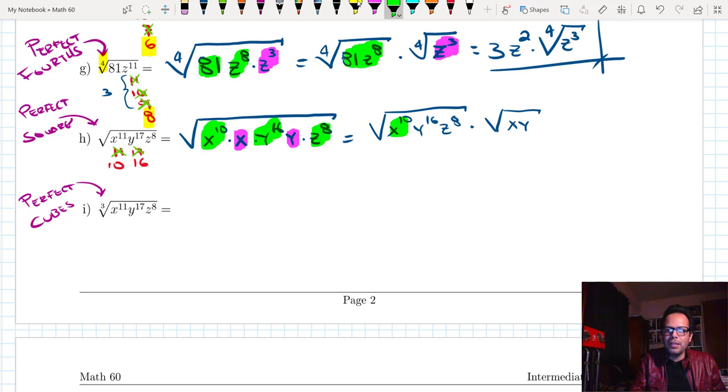Let me use green again to highlight the ones that are perfect squares, the ones that we are permitted to keep simplifying. In this case, we are not able to simplify the others. Now all we do is divide 10 by 2. That's going to be x to the 5th. 16 divided by 2, that's 8. And 8 divided by 2, that's 4.